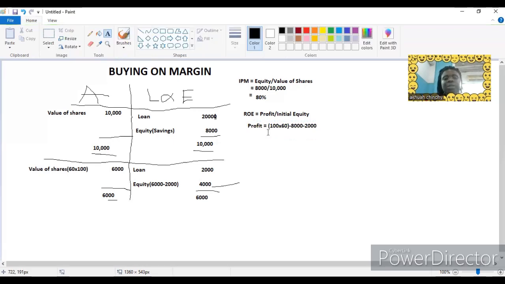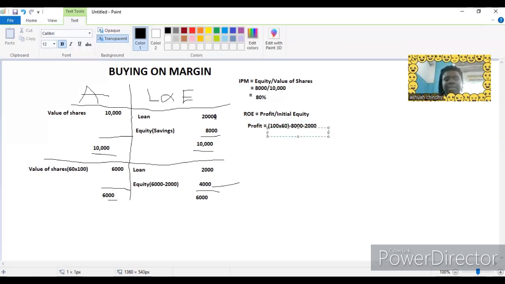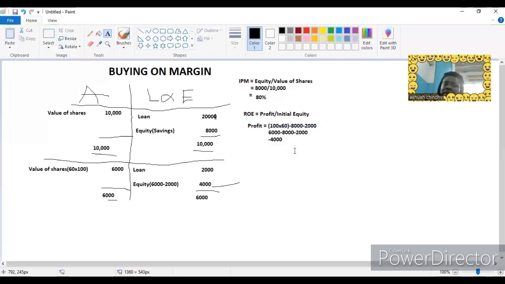We have our 6,000 minus 8,000 minus 2,000. So we have negative 4,000. Negative 4,000 means you made a loss of 4,000.